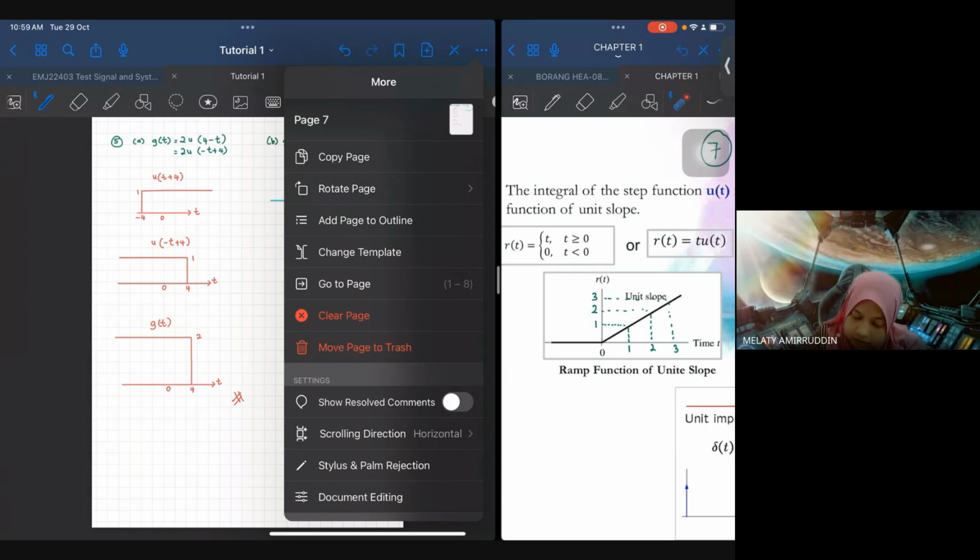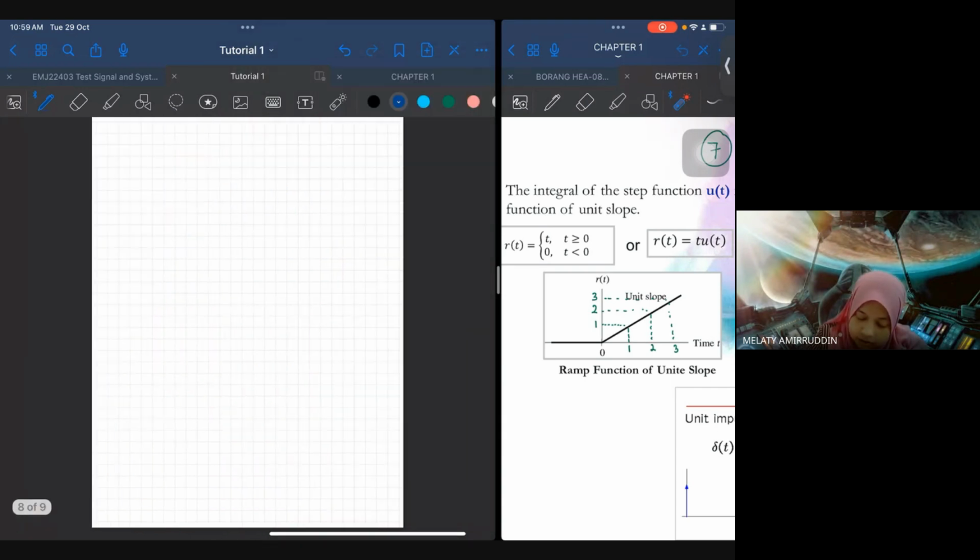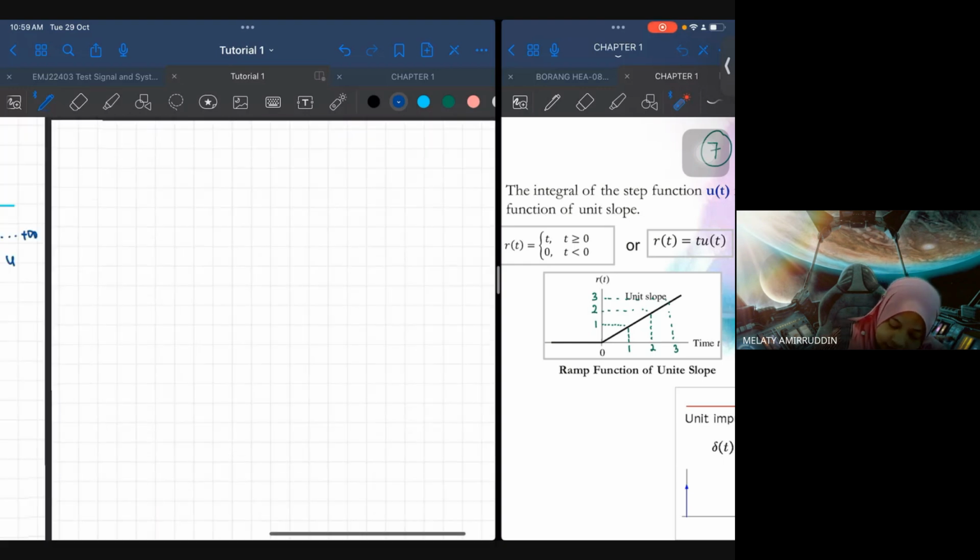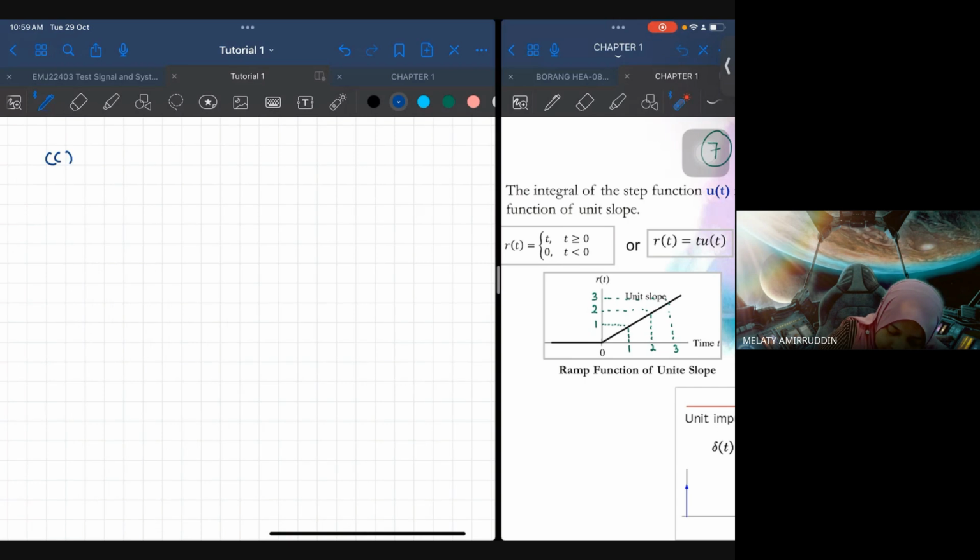So you need to do shifting first. Shift the signal to the left or to the right? It is to the left by 1 step. So the original signal is like this.